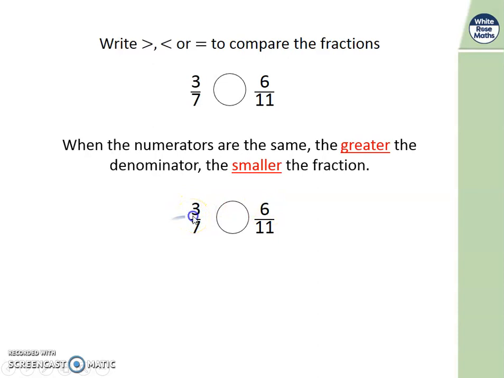What would I do to 3 to make it into 6? Times it by 2. Whatever I do to one, I do to the other. So it will become 6/14. And here we can see that 6/14 compared to 6/11, this has got to be smaller. So this is smaller, therefore, than this, because the denominator is greater.